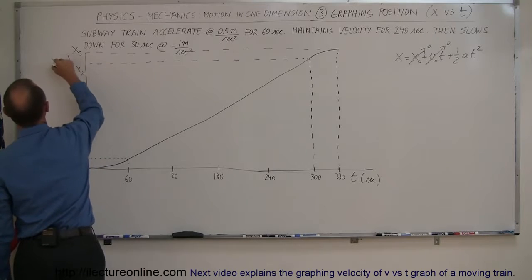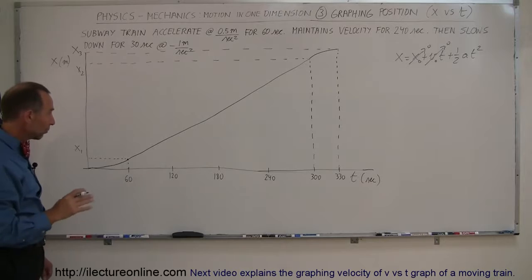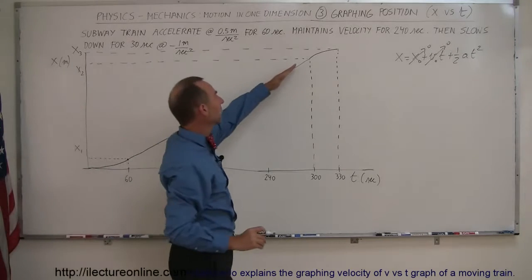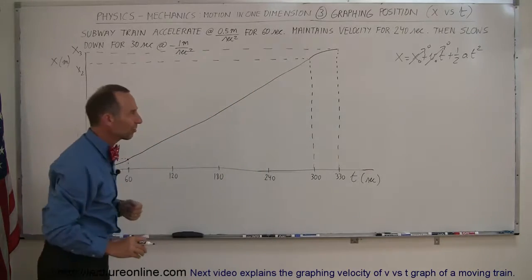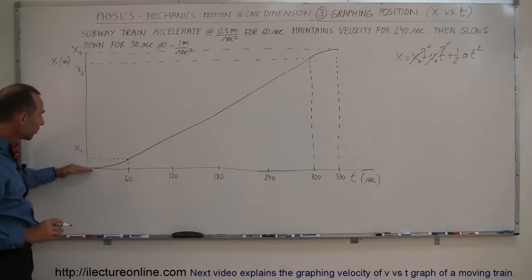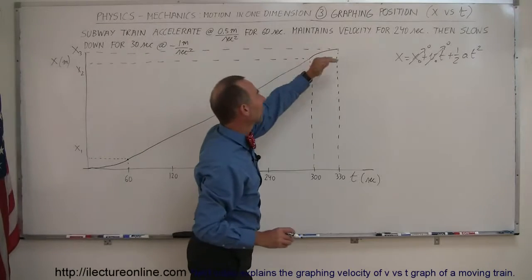Let me put this over here, x. Okay, now, that's what the graph looks like. It's a parabolic increase, then it's a constant velocity, and then it's a parabolic decrease in velocity. So that's a position versus time graph for an object that starts from rest, begins to accelerate, reaches maximum speed, maintains that speed, and then slows down like that.